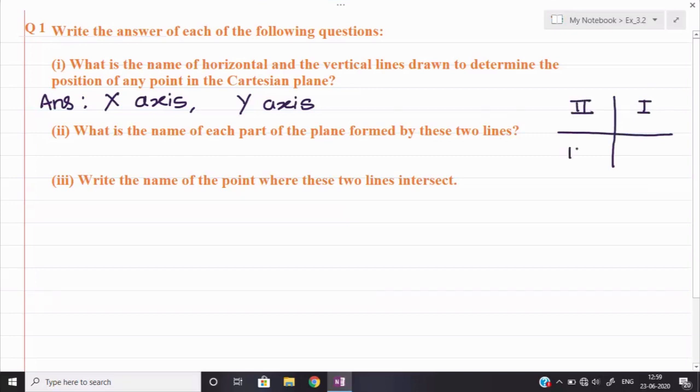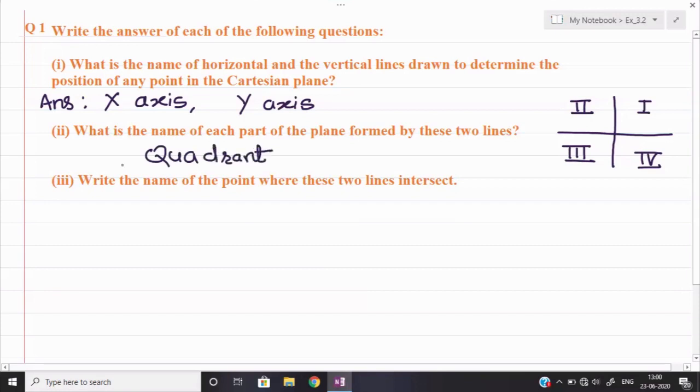Similarly, this will be the third one, and this will be the fourth one. So these are the four parts we have formed with the help of the x and y axes. So we can say that the name of each part is quadrant. So your answer will be quadrant. This is the answer of the second part.